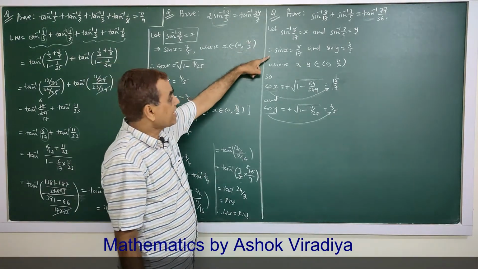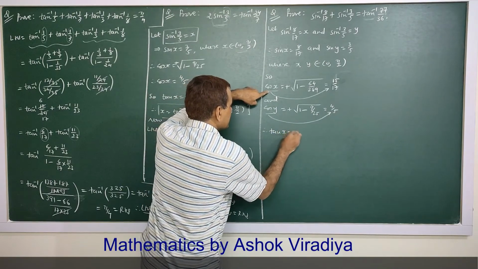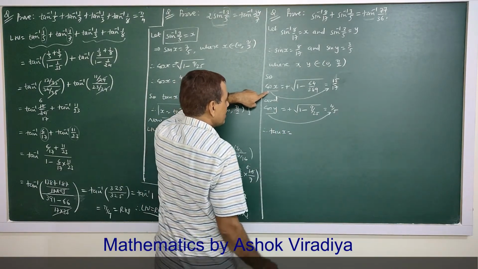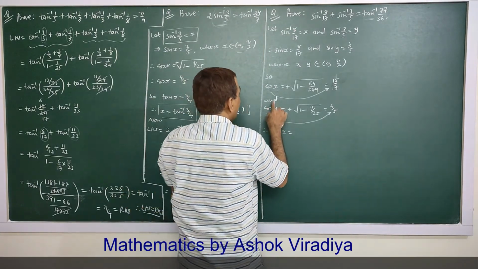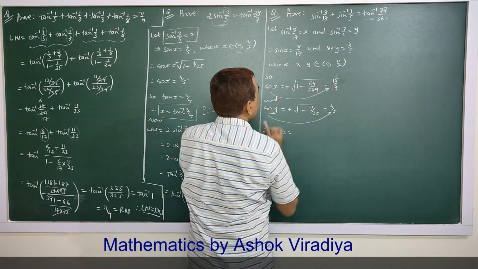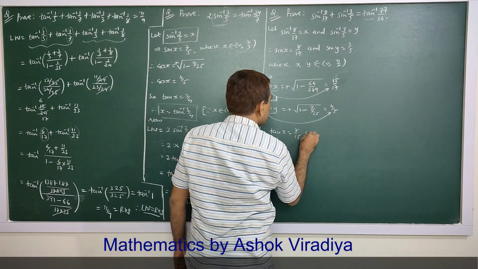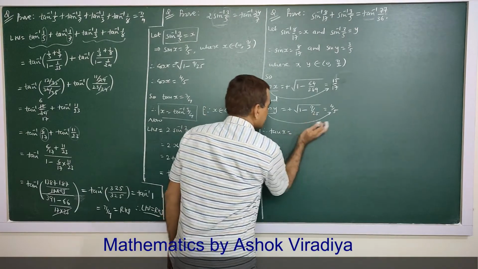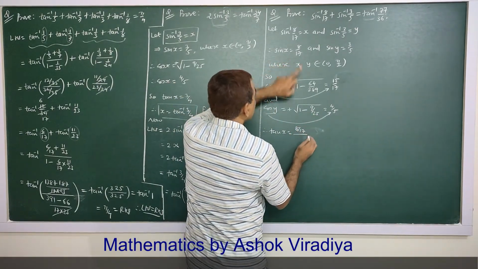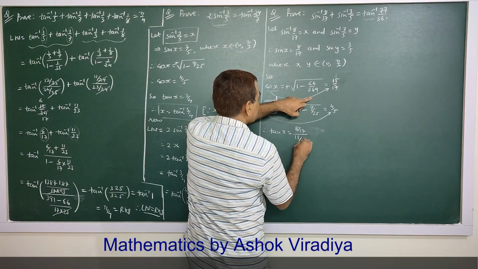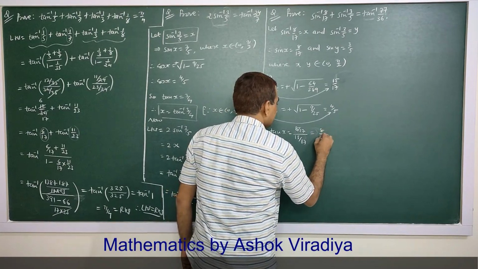So from sin x, cos x is obtained, therefore tan x equals 8 by 17 upon 15 by 17. So it will be 8 by 15. And putting it here in detail, tan x is sin x upon cos x. So this is 8 by 15.